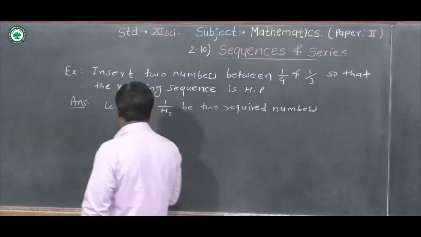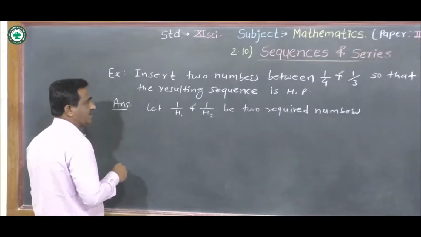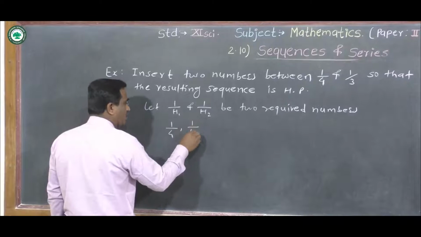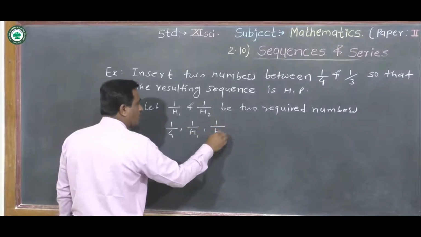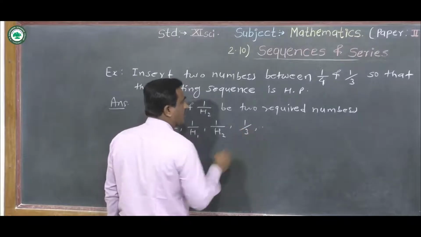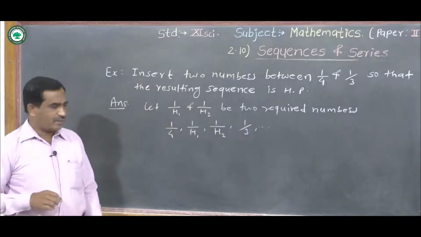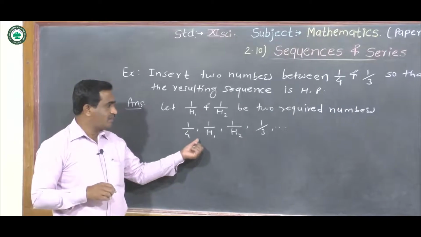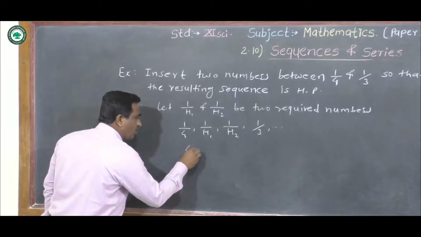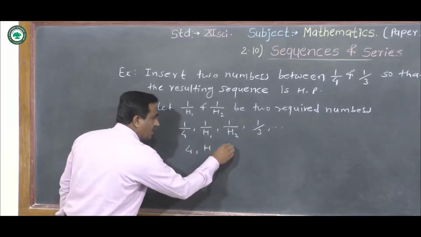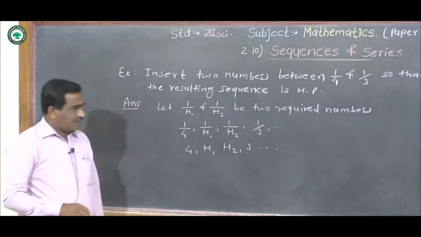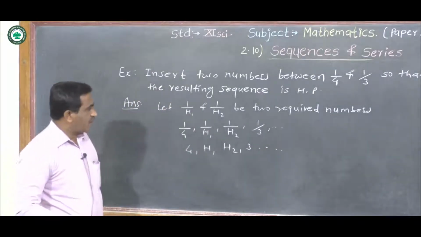Therefore the sequence HP can be written in the form 1 upon 4, 1 upon h1, 1 upon h2, 1 upon 3. This is the harmonic progression. If we take reciprocals of these, then we can write 4, h1, h2, 3. Now these are the numbers in arithmetic progression.